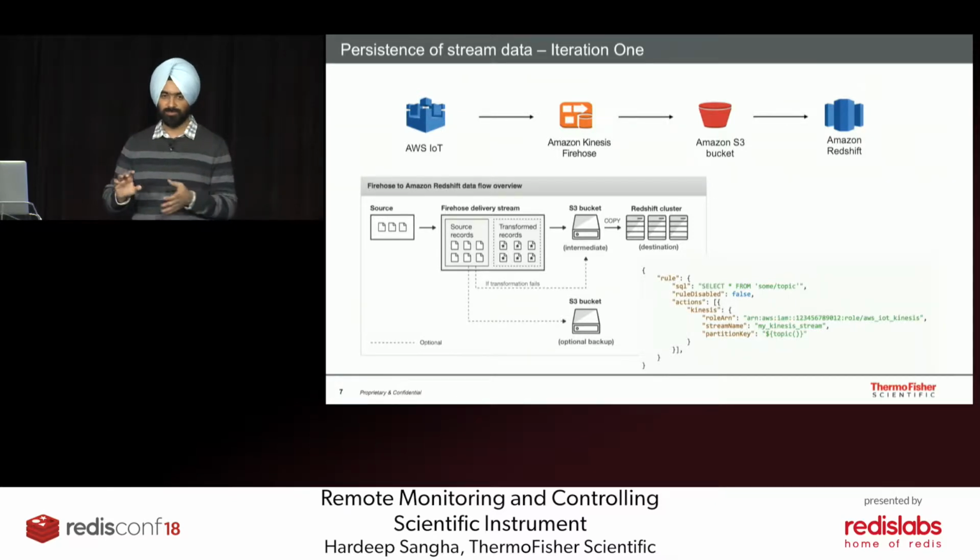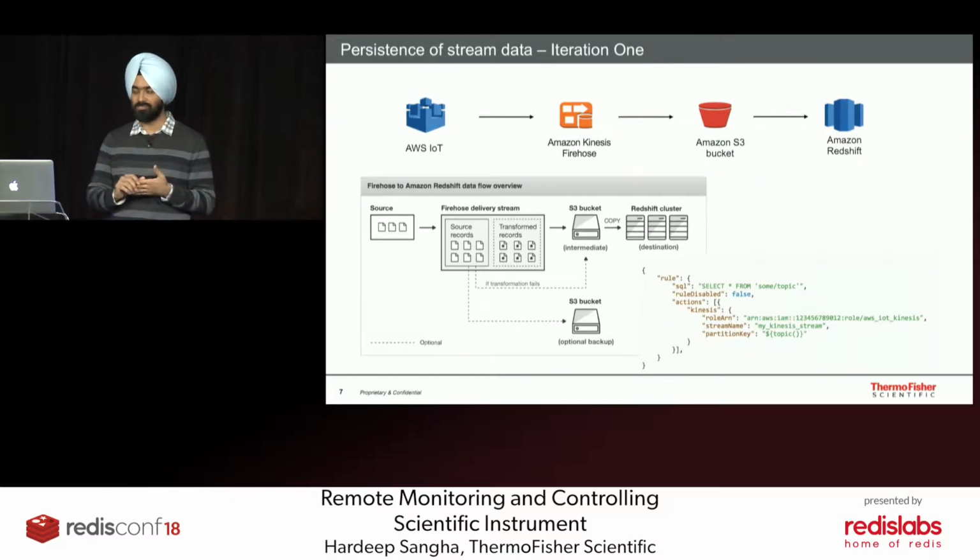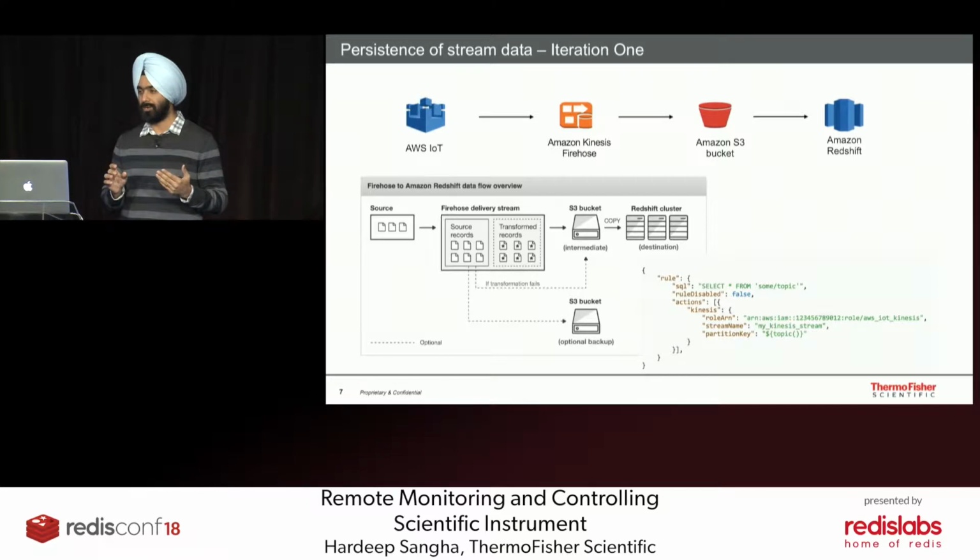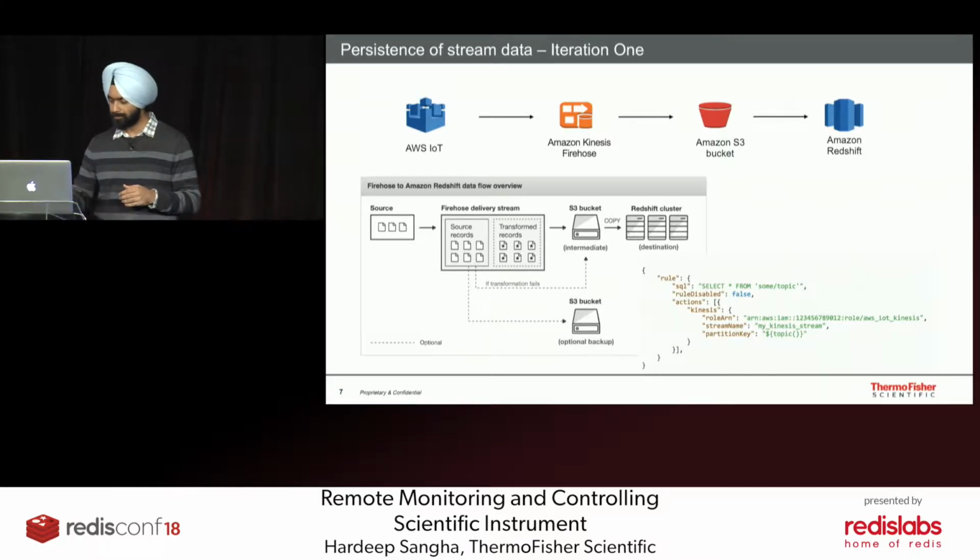Now I can do magic. Since it's SQL, I'm not going to get too much into the detail, but you can think of Redshift as Amazon's version of Postgres. They use a lot of optimizations on top of that for scale, for performance, and so forth.